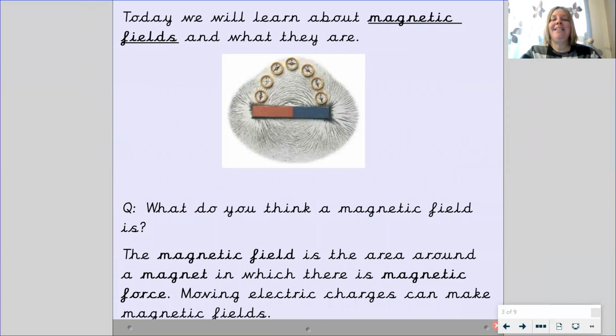So, the magnetic field is the area around a magnet in which there is a magnetic force. Moving electric charges can make magnetic fields. So in the picture, we can see the magnetic field in the area around the magnet.